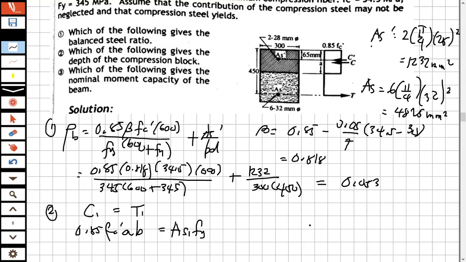So in other words, you have As1 is equal to As minus As' is equal to 4825 minus 1232. So you have As1 is equal to 3593. Now we can use it here.